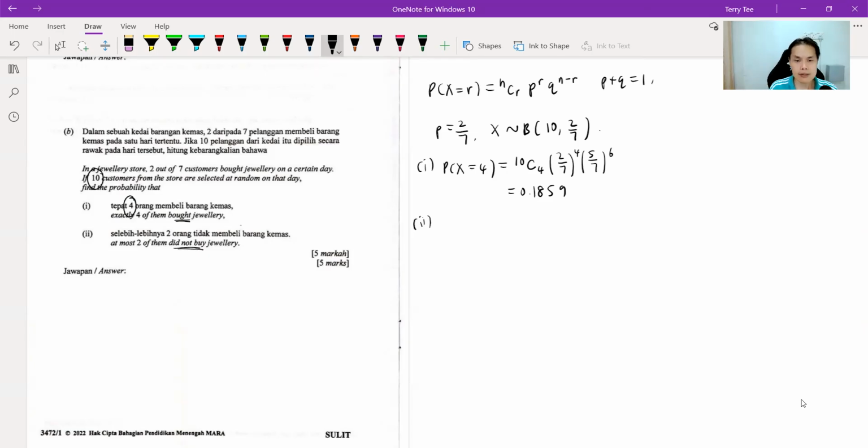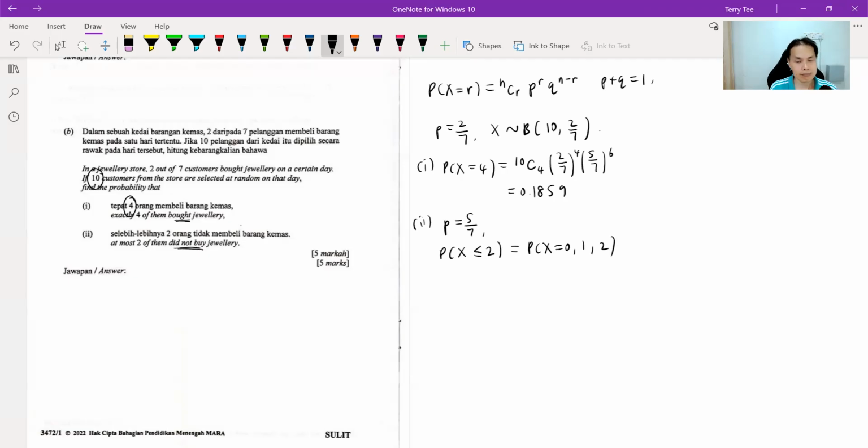So your x value is now different, as in you can change the p value and say p is 5 over 7, because x represents people who do not buy, whereas the first part, x represents the number of people who actually bought, right? So you want at most 2. At most 2 means maximum 2. It can be 0, it can be 1, it can be 2.